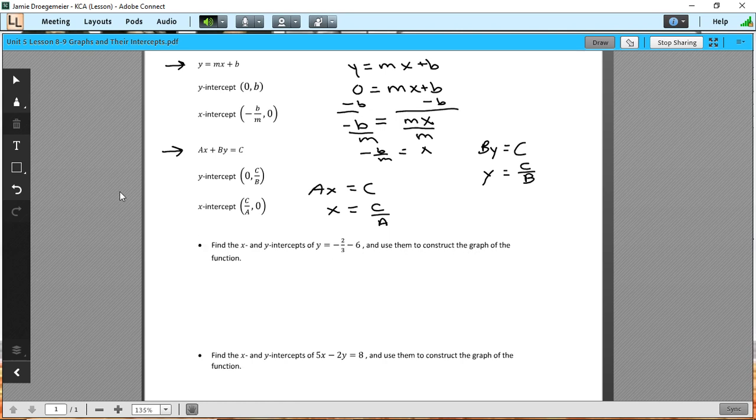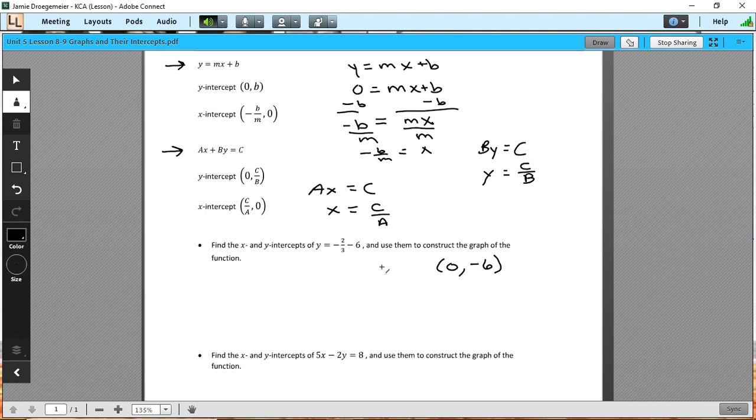So if I wanted to find the x and y intercepts of this equation, y equals negative 2/3 x minus 6, we know that that's in slope-intercept form. And so that means that our y-intercept is negative 6. The y-intercept has an x value of 0, and then the y value of -6.